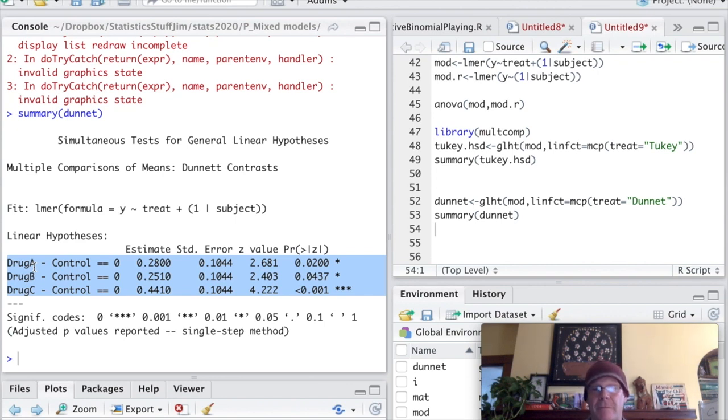And then we could interpret our effect sizes. On average, it looks like drug C is the best. It's 0.44 greater than the control group. It's almost twice as good as drug B compared to the control group. And again, that's all just about how we're choosing to interpret our hypothesis testing at the tail end.